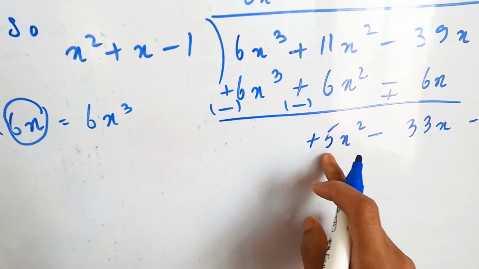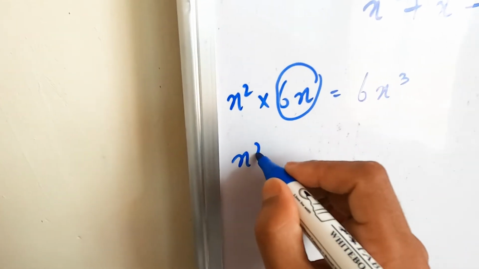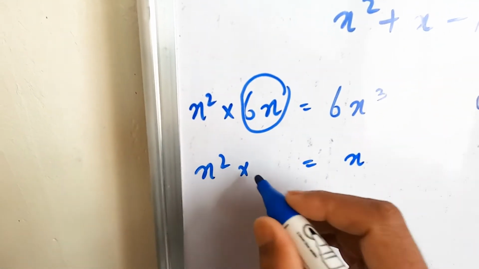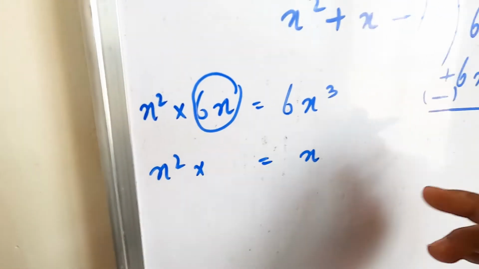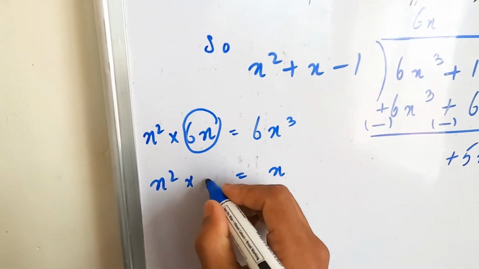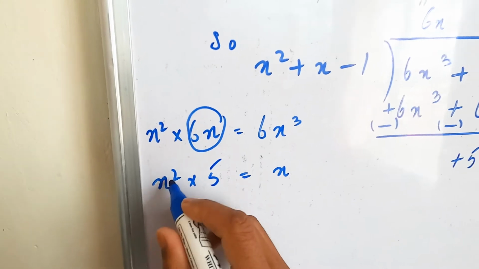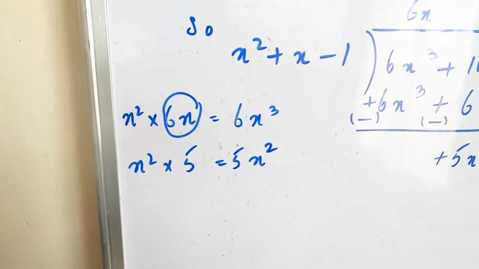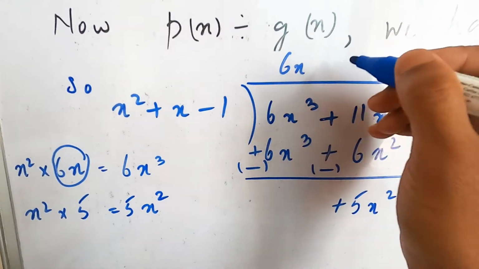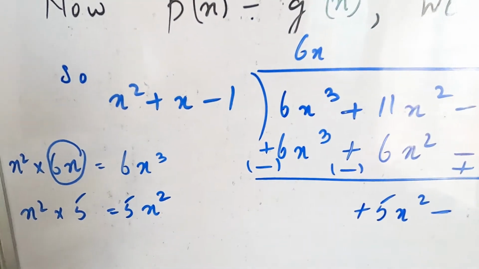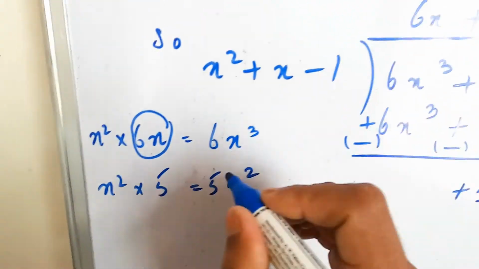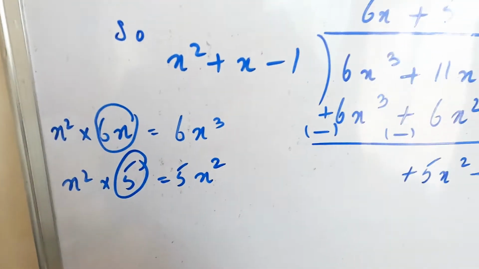So next one, it will be 5x square. It is already in the power x square, so no need to multiply with x anymore, and here we have only 5, so we'll just simply add 5. So x square into 5, we will get 5x square. The second quotient will be 5.